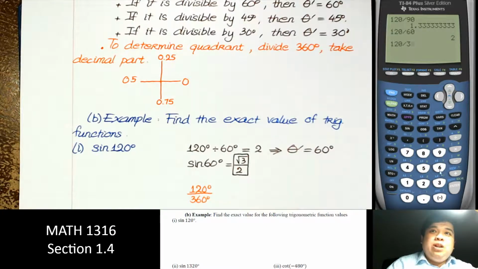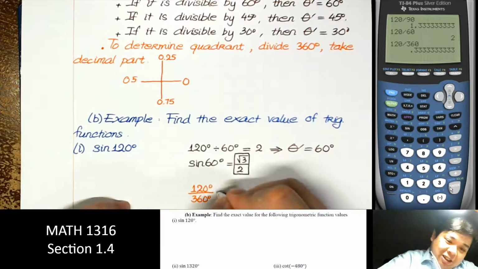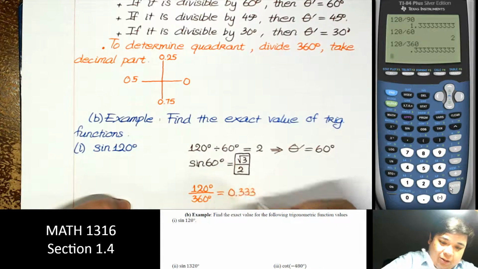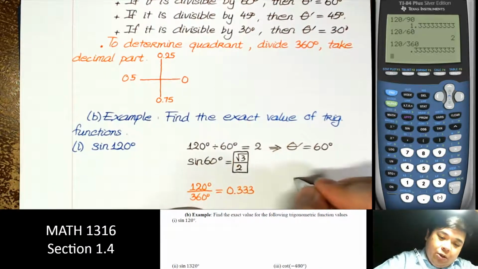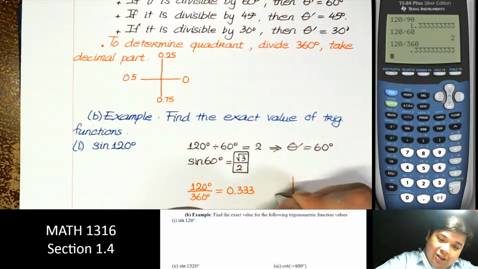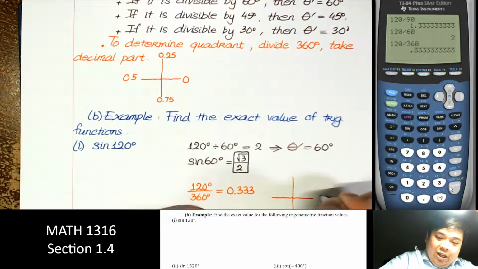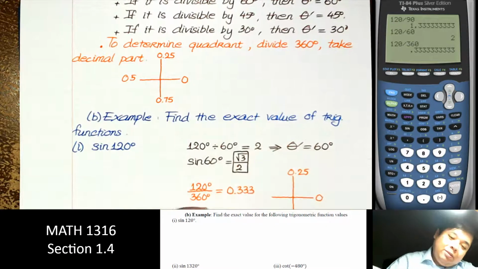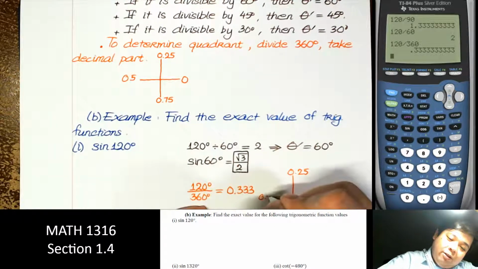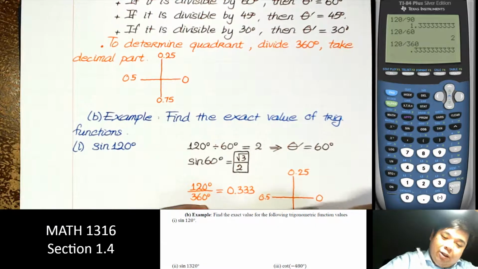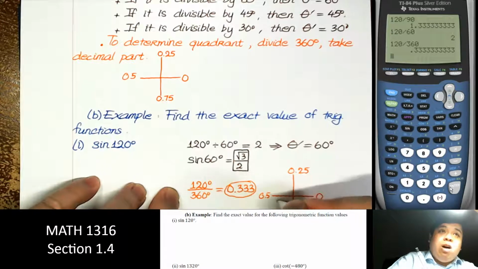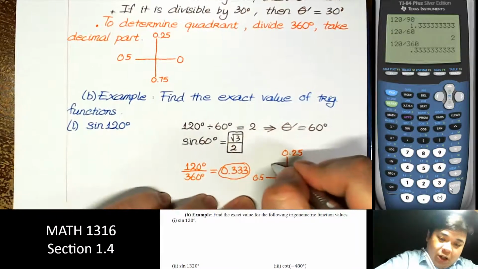When you get used to it, we can do this very quick. So 0.333. If it is 0, 0.25, 0.5, 0.75, 0.33 here is between 0.25 and 0.5. So this will be in quadrant 2.